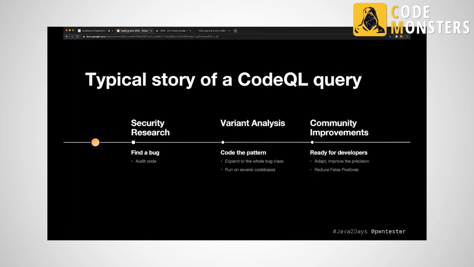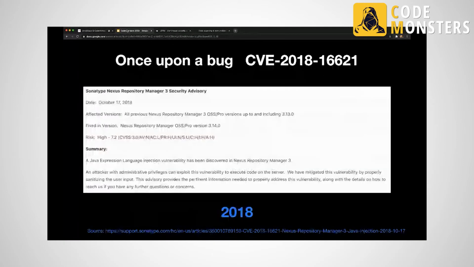So let me fast forward 6 years, and the year now is 2018. There was this bug that was reported in Sonatype Nexus Repository Manager, which, according to the description of the advisory, was a Java expression language injection in Nexus Repository Manager 3.